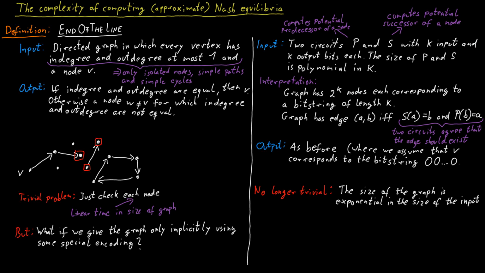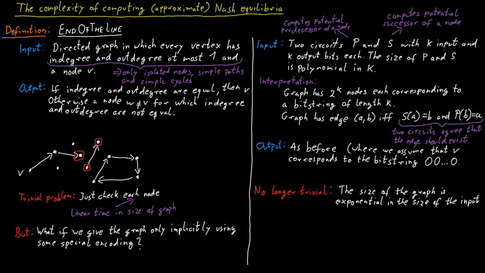There's no question about it. If the node V has an in degree that is not equal to the out degree, then there must be another vertex that has the same property, simply based on a parity argument. So it's not a decision problem. It's not a question of does this node exist. We know it does. The question is to find it.